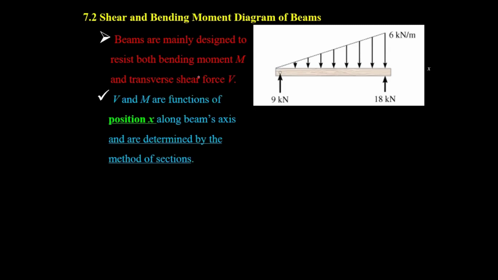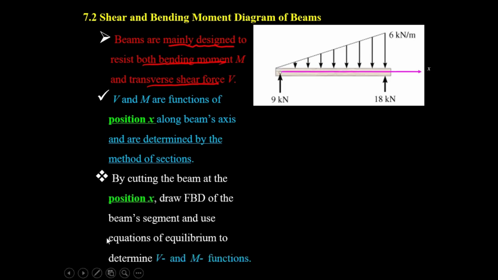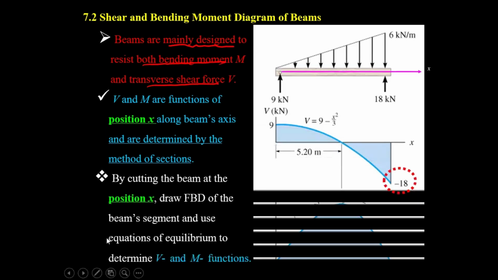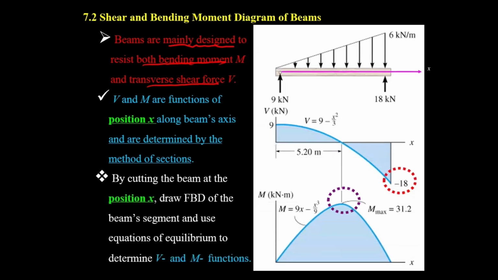Now, beams are mainly designed to resist both bending and transverse shear. So when we plot the shear diagram and moment diagram, the end result we're looking for is the maximum shear force and maximum moment in order to determine the cross-section of the beam properly.